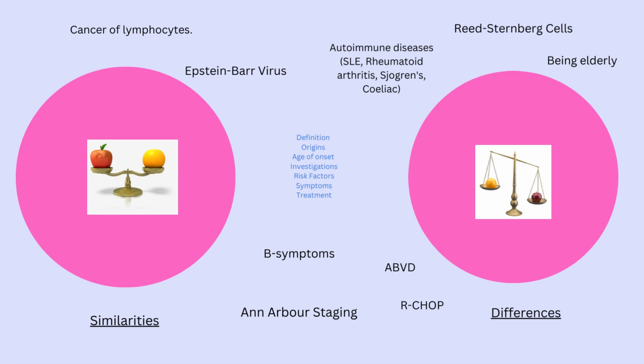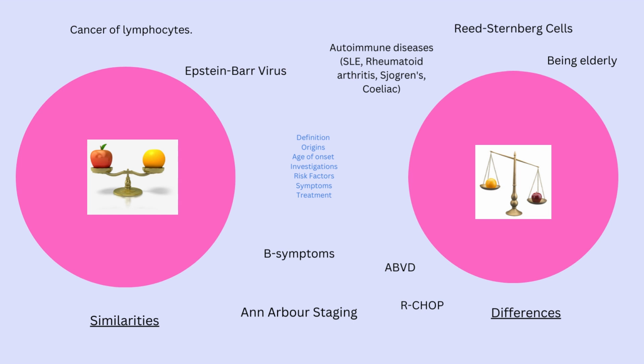In terms of treatment, ABVD, which stands for adriamycin, bleomycin, vinblastine, and dacarbazine, is an intensive chemotherapy regimen that is used in Hodgkin's lymphoma. R-CHOP can also be used in late stages of Hodgkin's lymphoma.